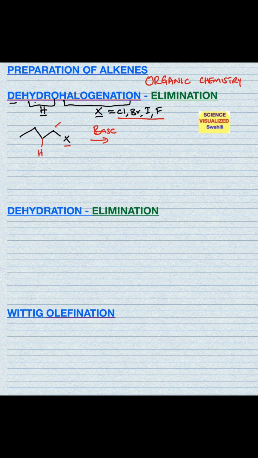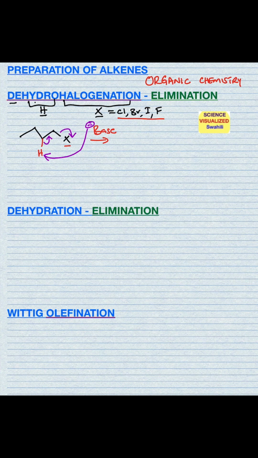So we see the carbon with the halogen is this one, then the next carbon is this one here, and the base either has a minus charge or electron pair, and it will use that to abstract or pull out that hydrogen, and then the carbon-hydrogen bond will flow to make a double bond, and at the same time you break the carbon-halogen bond, and therefore you end up with the halogen leaving.